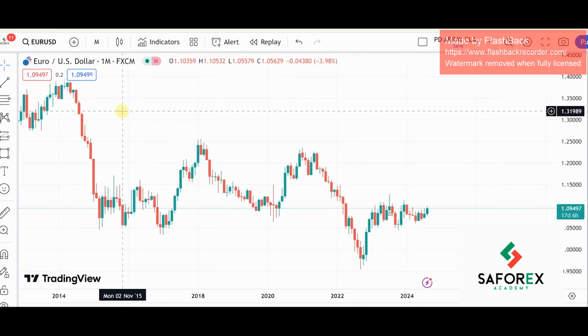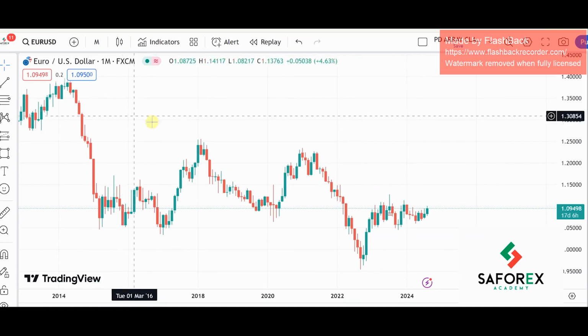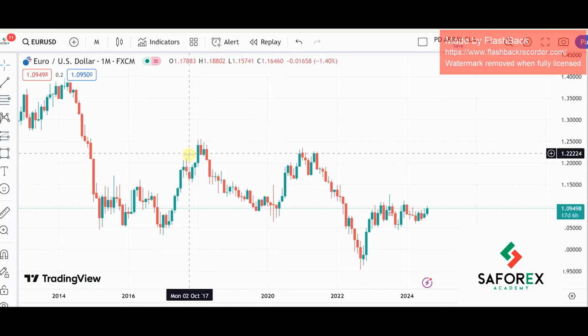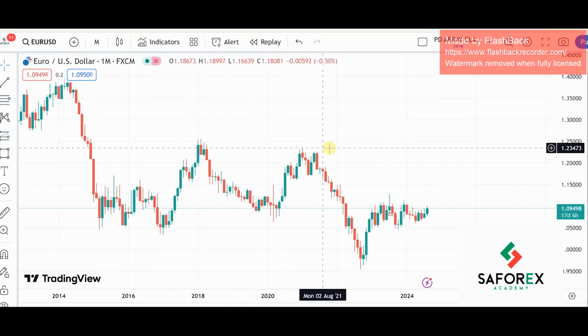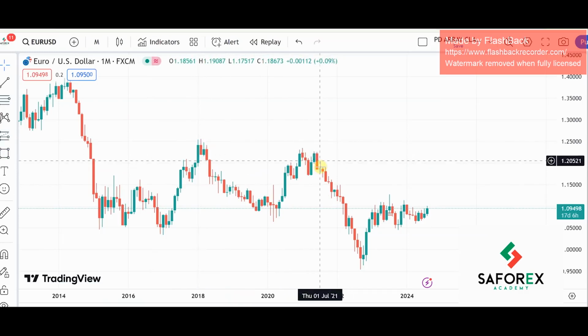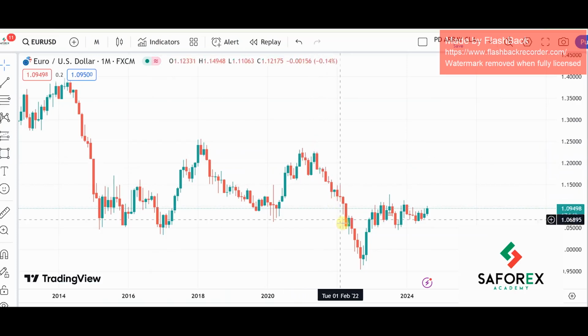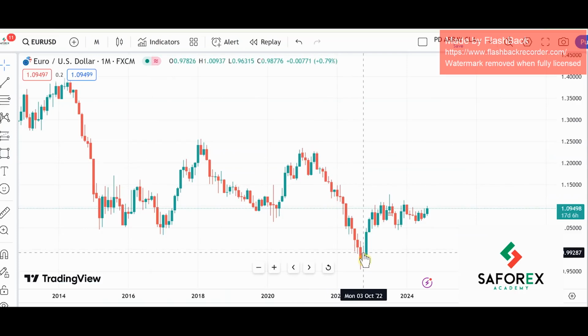Now let's see what happened here. You can see this market. This is another block. You see this green candle here, this is another block.